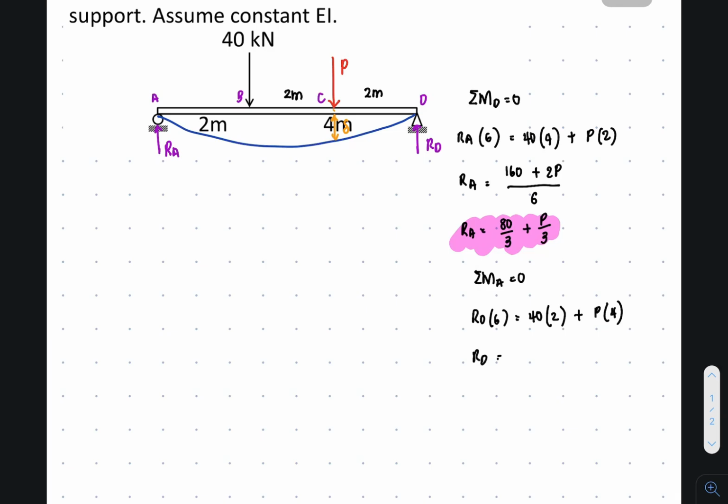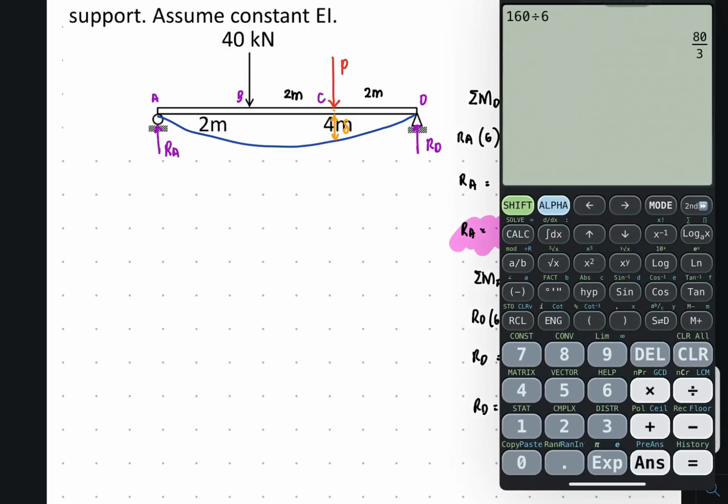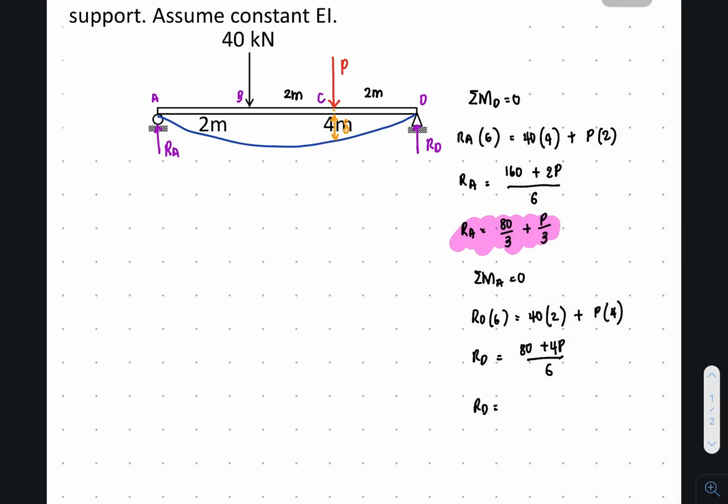So RD here is now equal to 80 plus 4P over 6, or RD is 80 over 6.